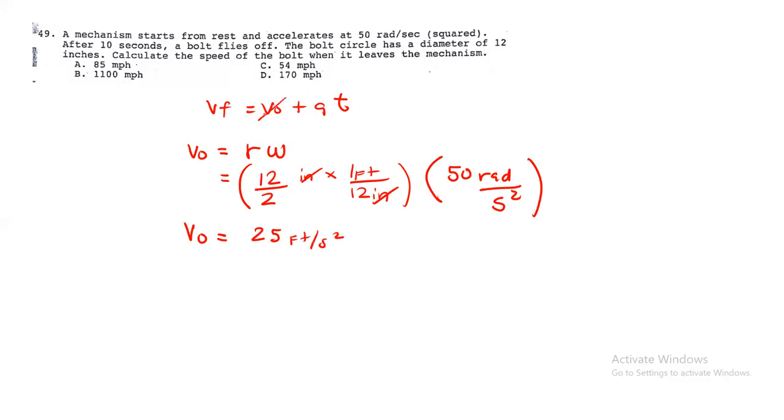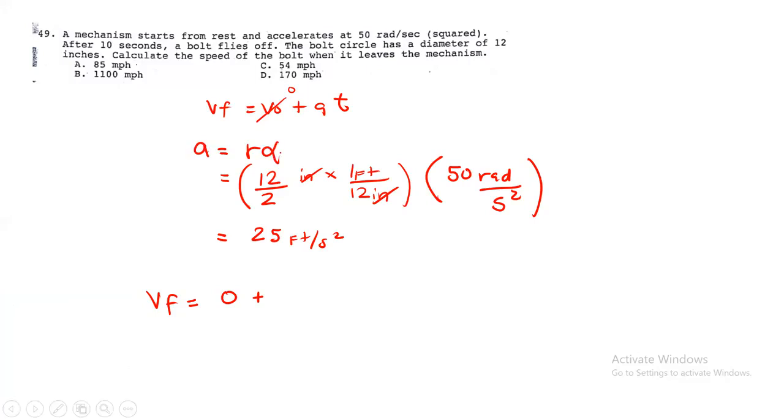So ang Vo natin dito is 0. So Vf is equal to 0 plus acceleration na 25. So, acceleration pala to. Ito guys is acceleration yan. Then, ito is alpha.